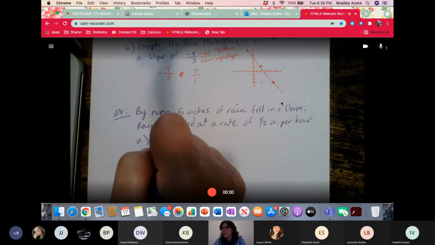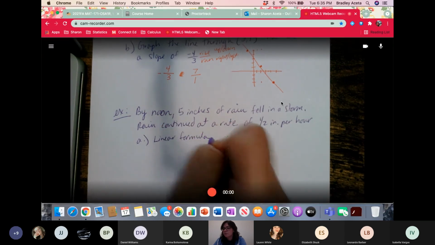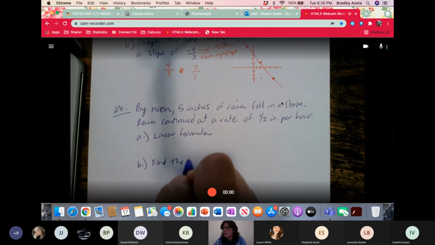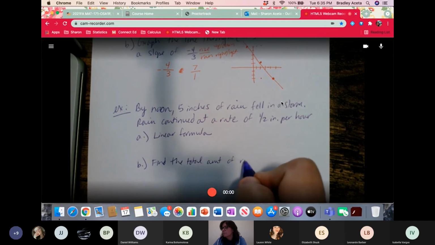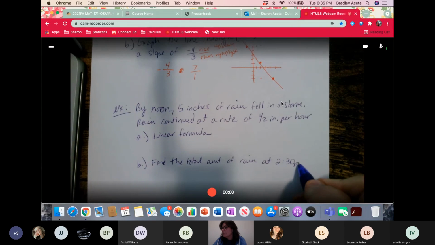So the first part, write a linear formula. Part B, find the total amount of rain at 2:30 p.m. And is that it? That's it.